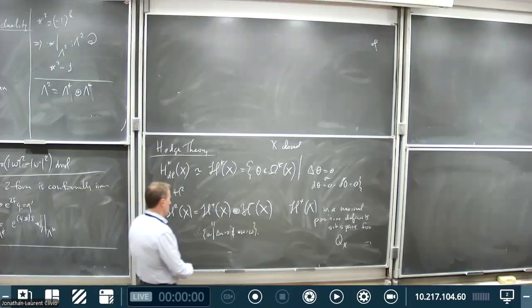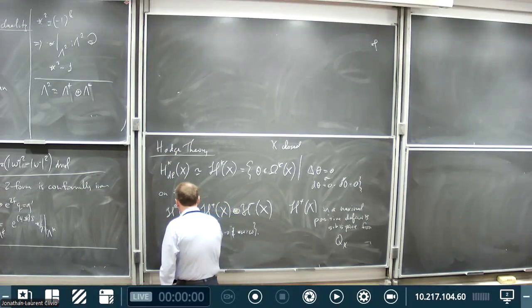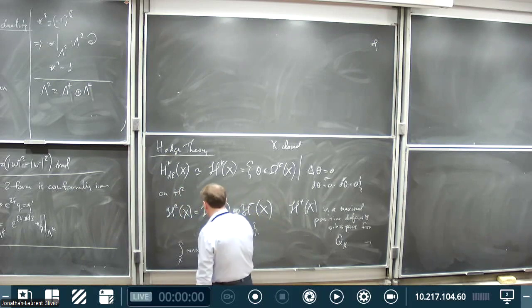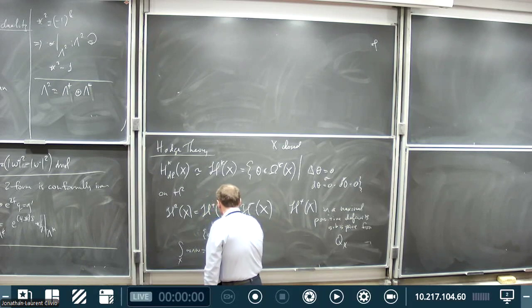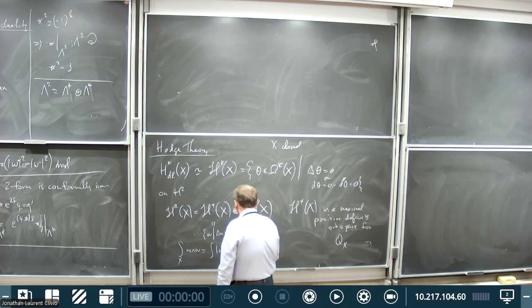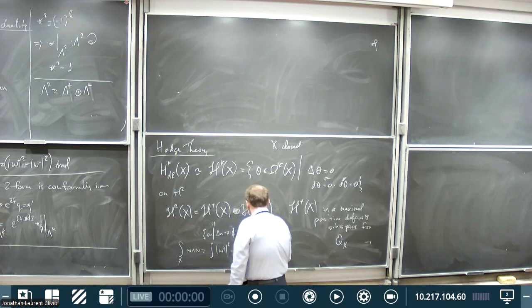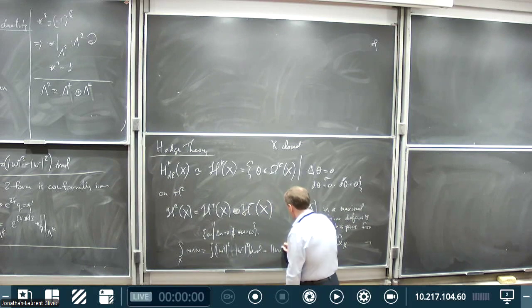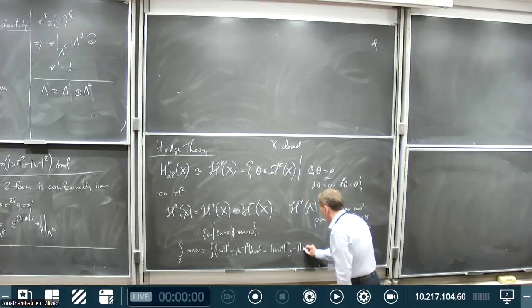So when I integrate omega wedge omega over X, it's equal to the integral, introducing my notation for the L2 norm.